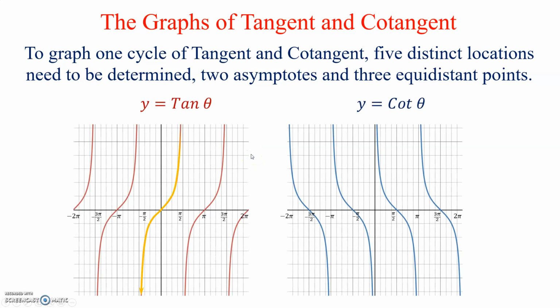If you'll notice, on tangent and cotangent, we have our 2 borderlines, which would be our 2 asymptotes, and then the 3 equidistant points. So that's what one needs to determine in order to graph tangent and cotangent.